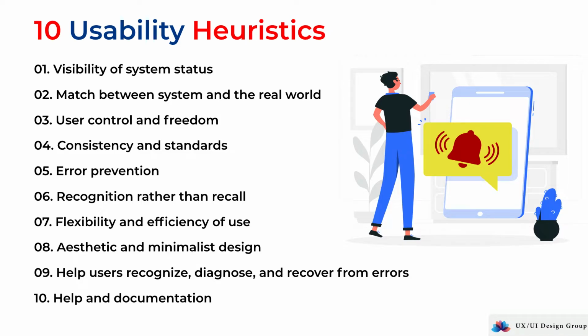So, before exploring the visibility of system status, let's see the when, who, and how stages of heuristic evaluation.